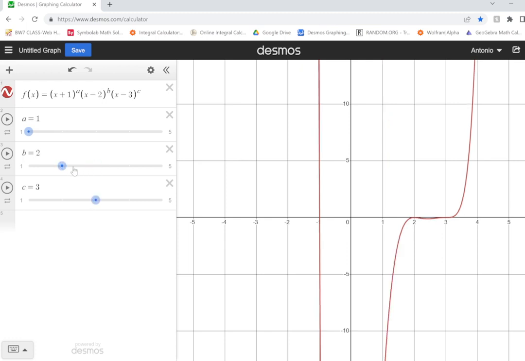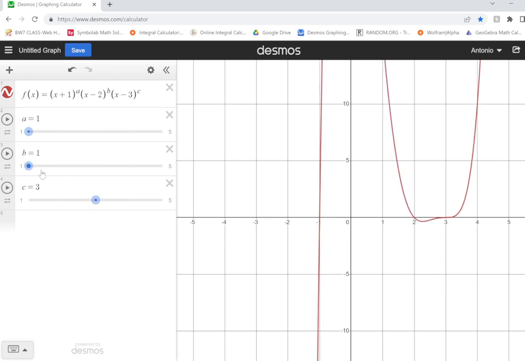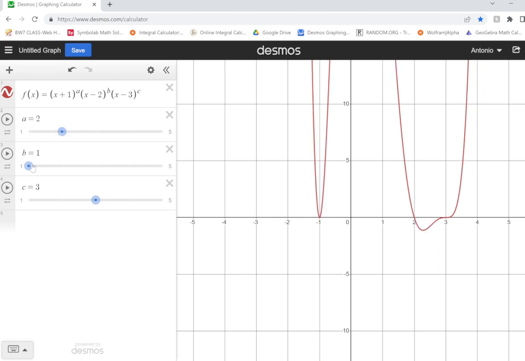Okay. So what we see here is these roots have a multiplicity. When the multiplicity is 1, it almost behaves like a line. It just goes right through the x-axis, like we see here.